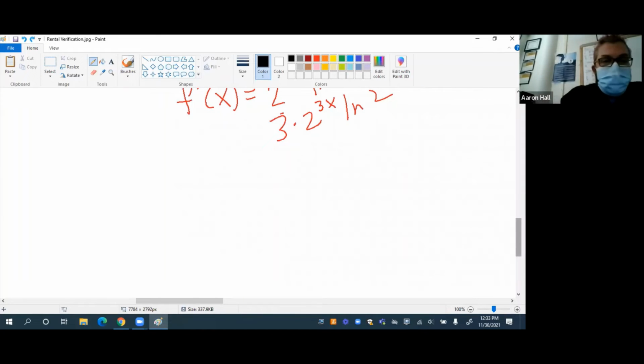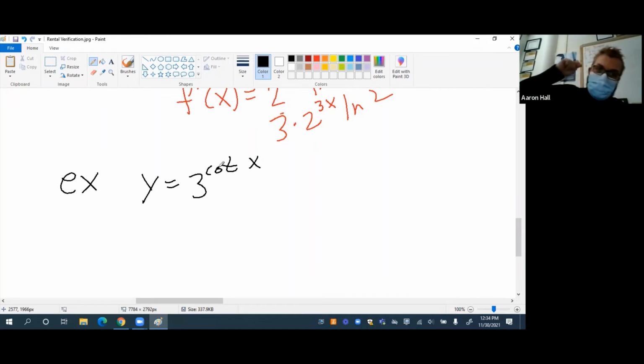All right, let's do another one. Same thing, we're trying to find the derivative. I have y equals 3 to the power of cotangent of x. Mr. Hall, why? An exponential function with a trigonometric function.